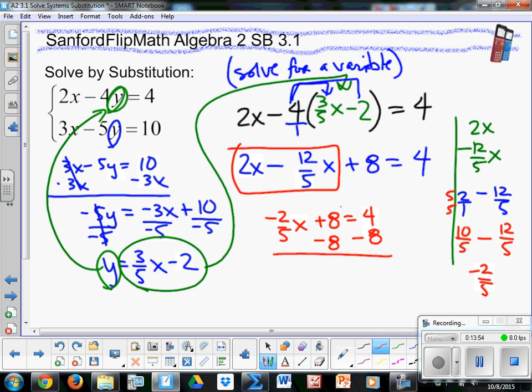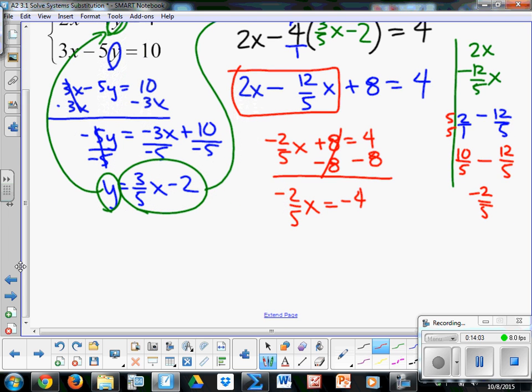We're almost done with this part. Now remember, I purposely did this. I wanted to find one that was ugly because sometimes ugly happens. And we're not such a big fan of fractions here, and we need to get x by itself. So I'm going to divide both sides by negative 2/5.